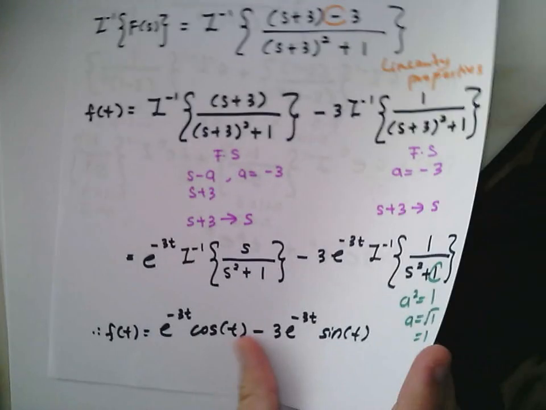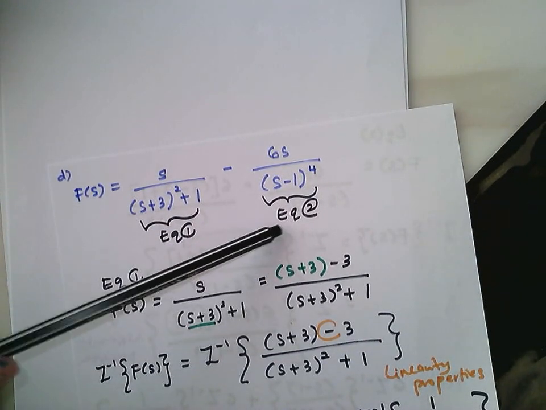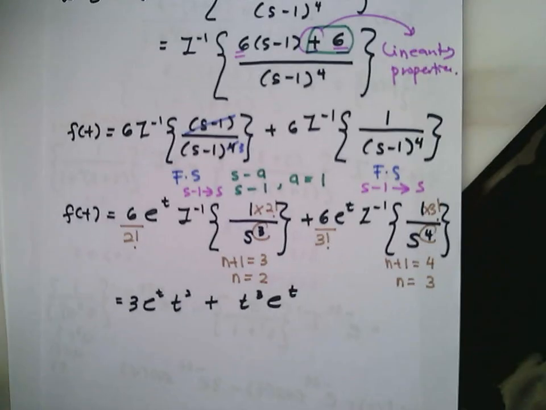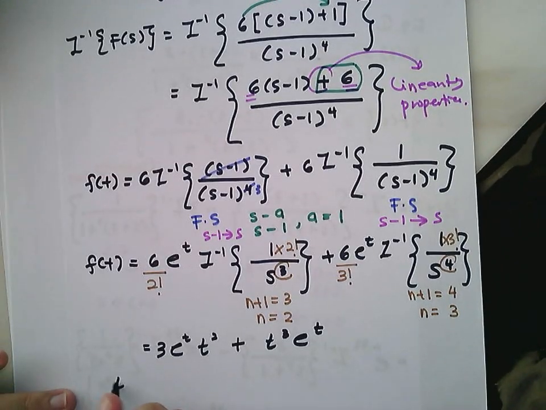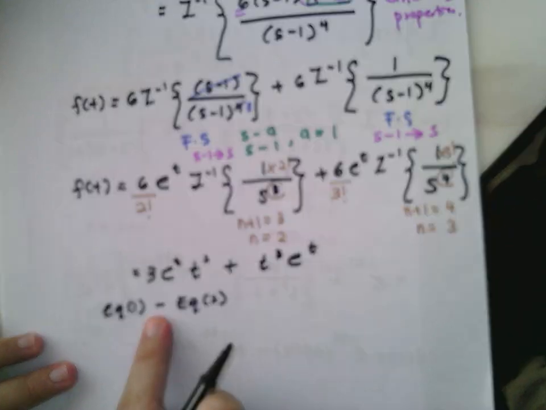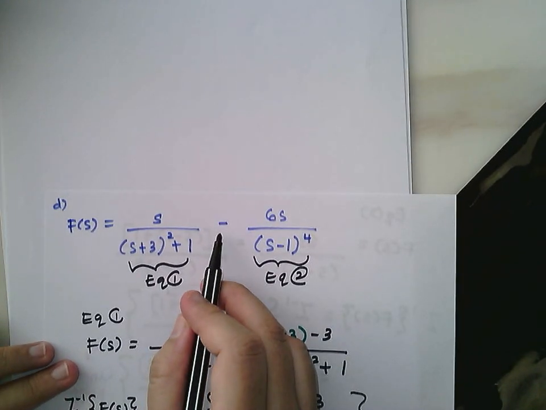This is your f(t) for the first expression, for the first function. So you need to combine this one for you to get your real f(t). Okay, so by combining equation 1 minus equation 2, why do I have a minus sign here? Because this one is minus.